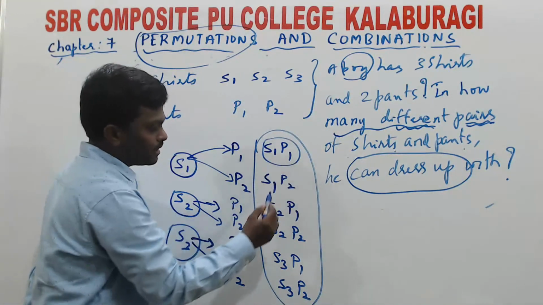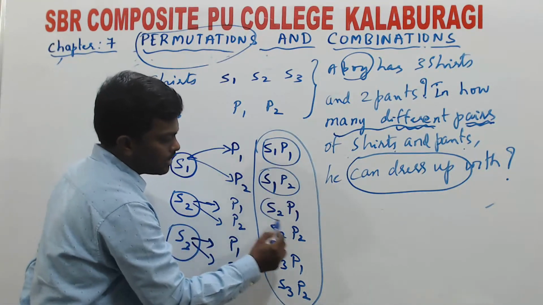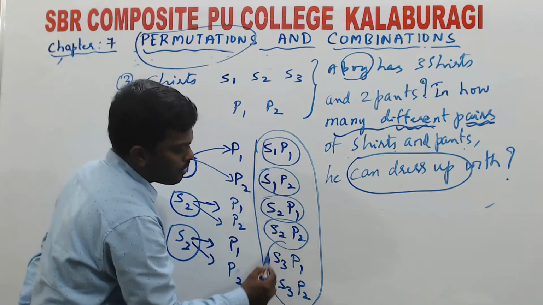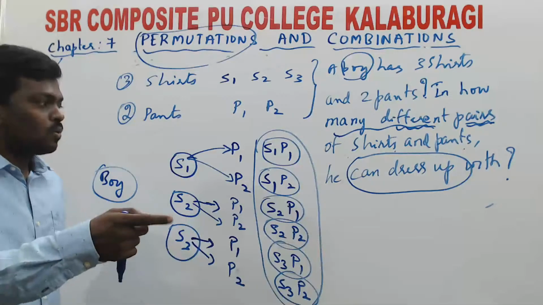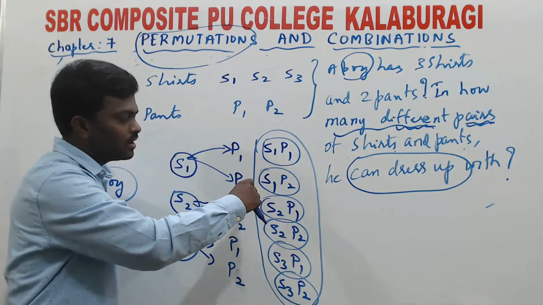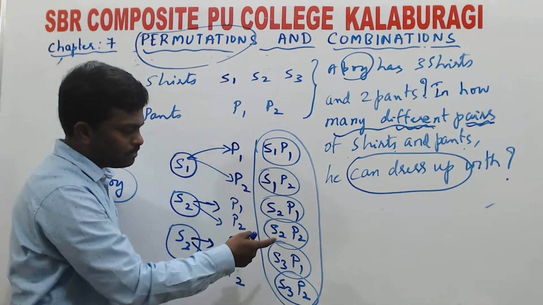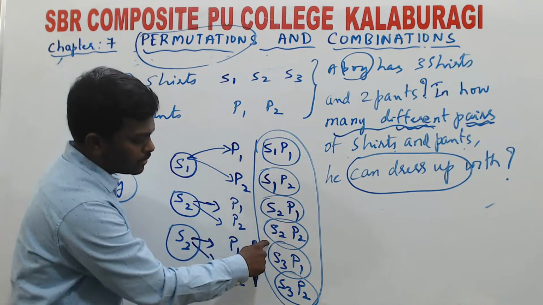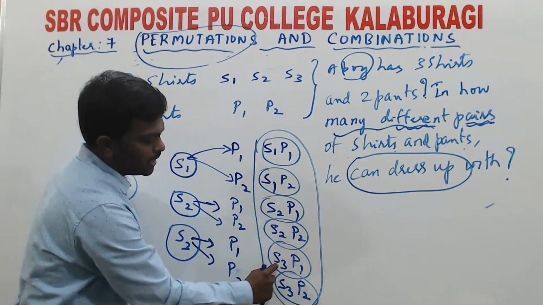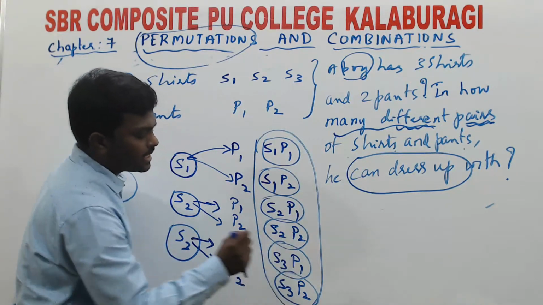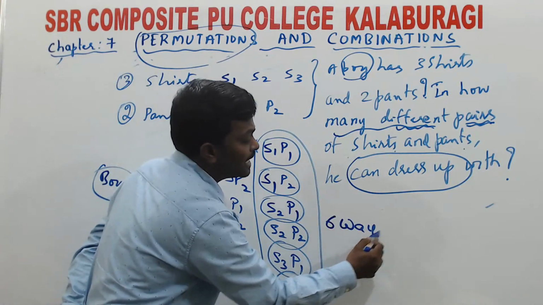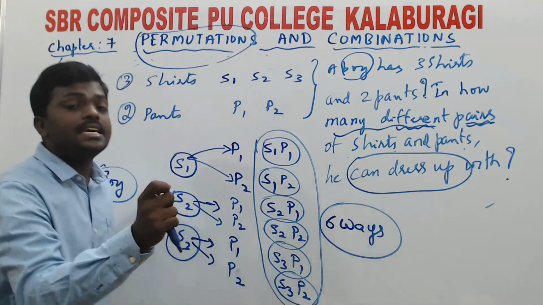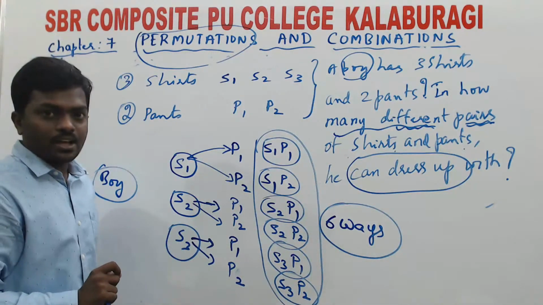This is one pair, second, third, 4, 5 and 6. So S1P1 is one pair and S1P2 is one pair and S2P1, S2P2, S3P1 and S3P2. Okay, so how many ways are there here for him to get dressed up? 6 ways. Is that clear?